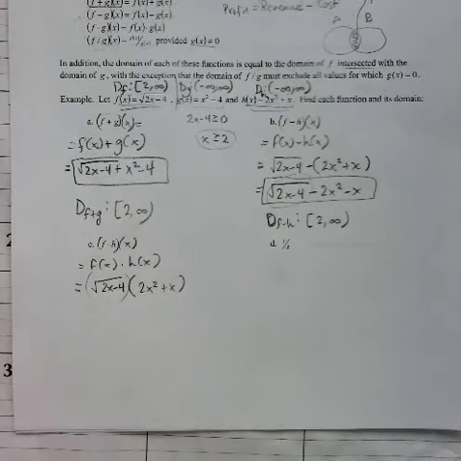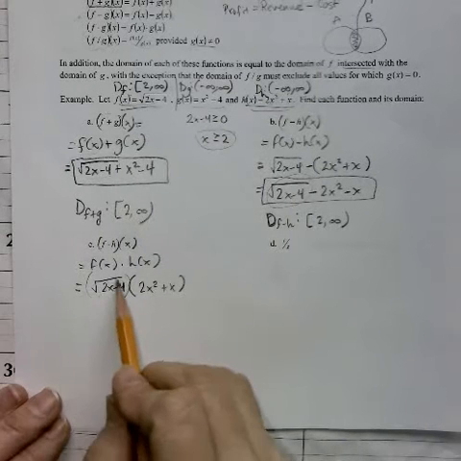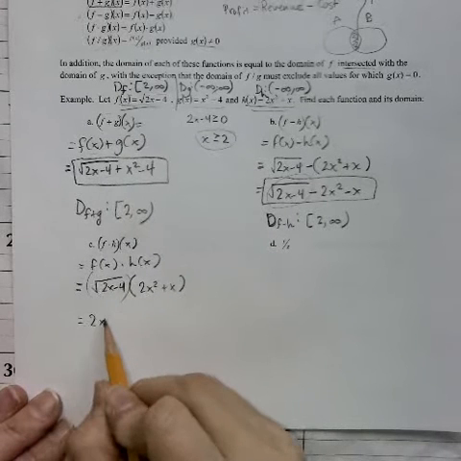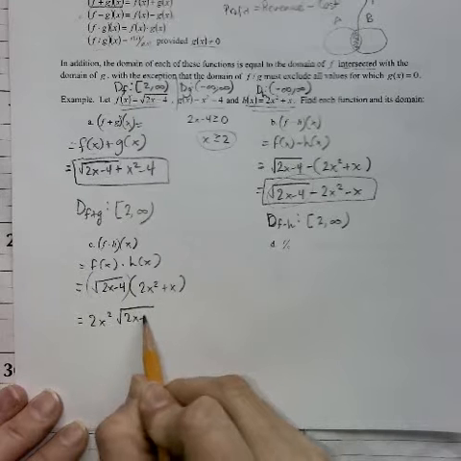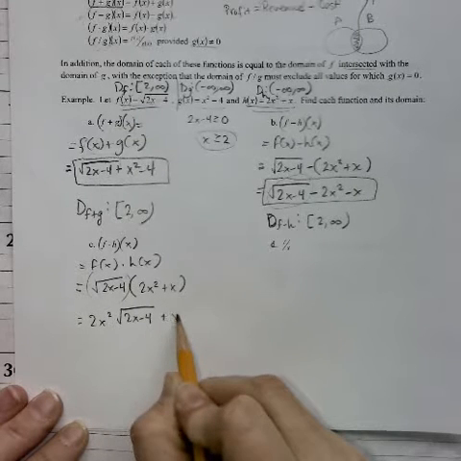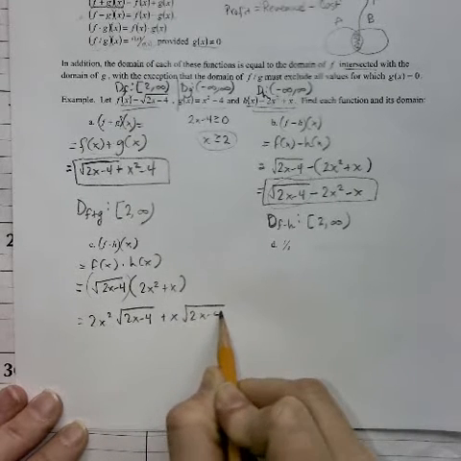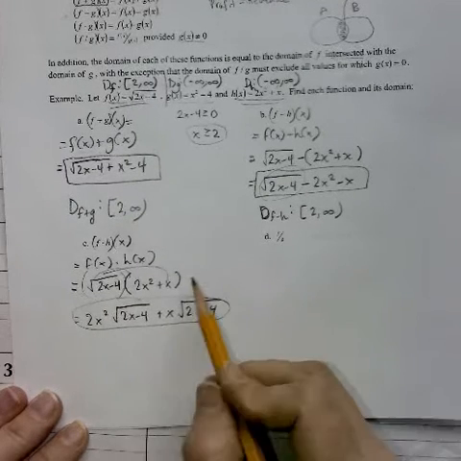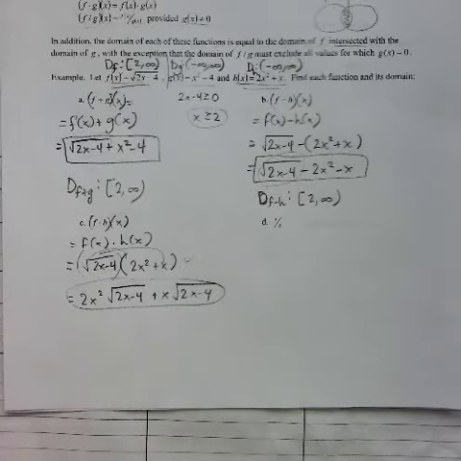You can expand that. There's only one term here, so distribute that through. So you could distribute and write that as your final answer. It would be okay to leave it like this as well. It wouldn't be terrible.